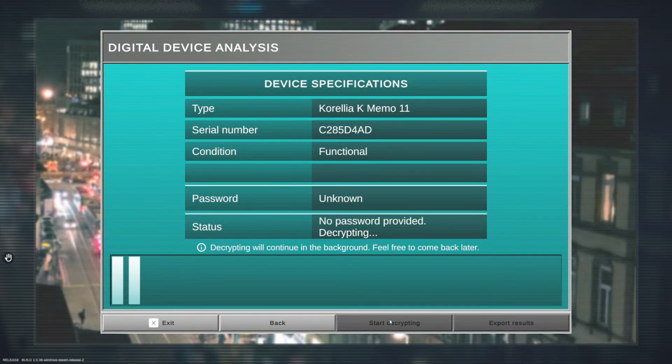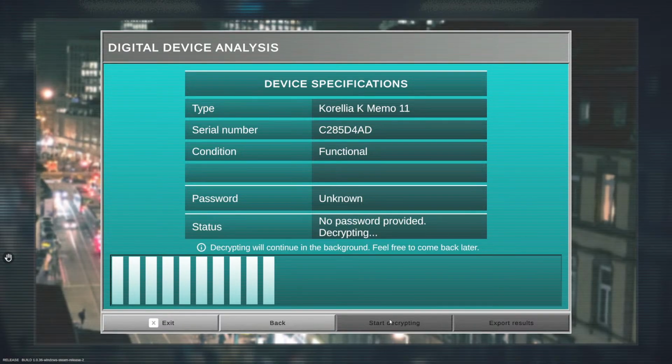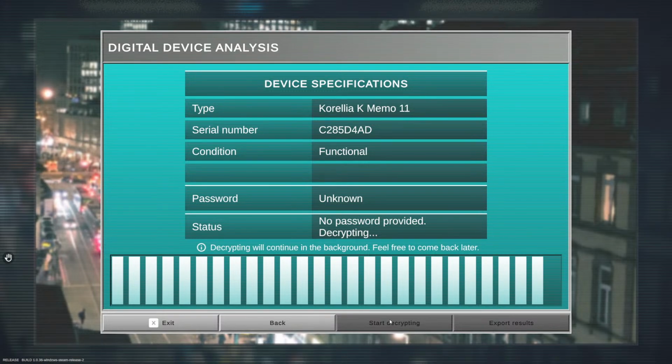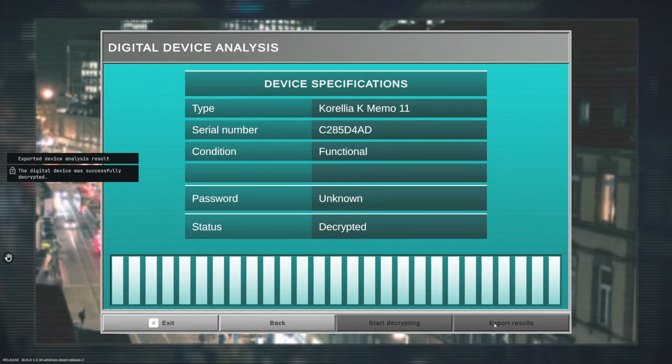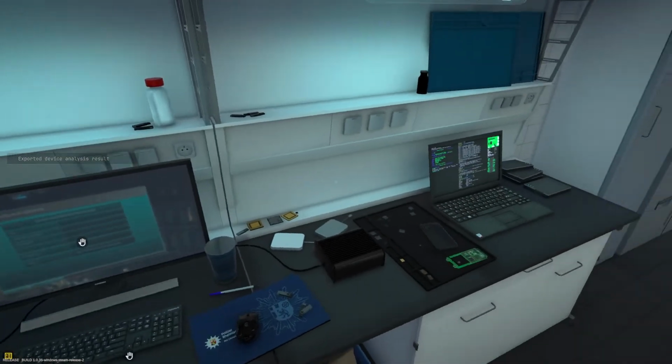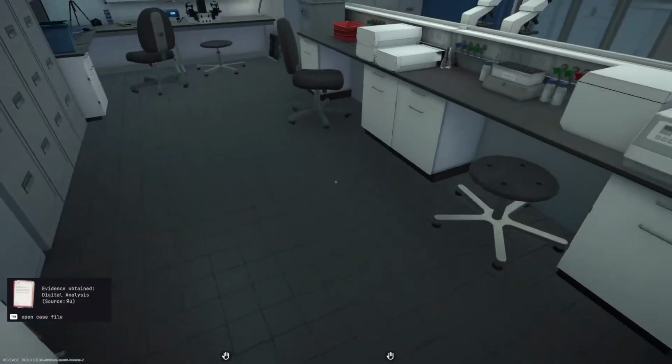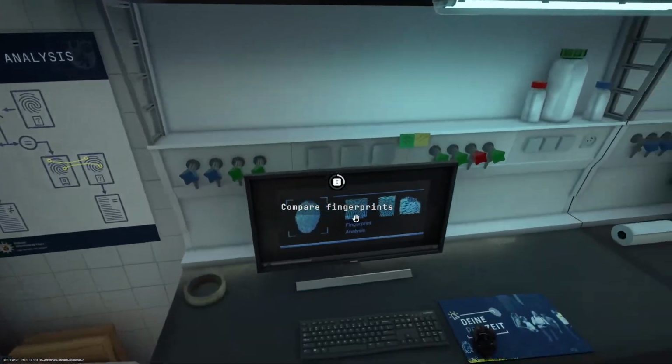Start decrypting that. And then after this, we'll move over to the fingerprints. Okay, export those results. And we'll grab them. Move on. Fingerprints.